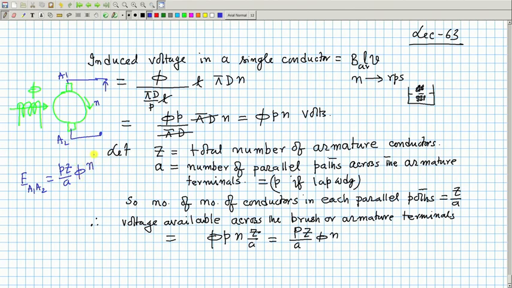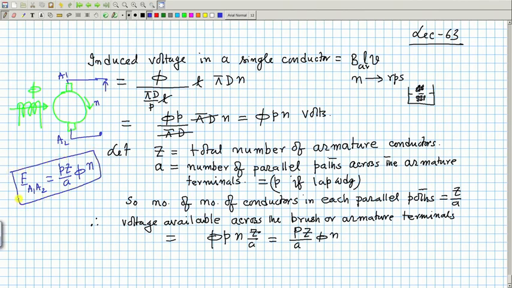In this formula, mind you, n is in RPS, phi is flux per pole, P and A are numbers, Z is the conductor. So, this is the most famous formula for a DC machine.